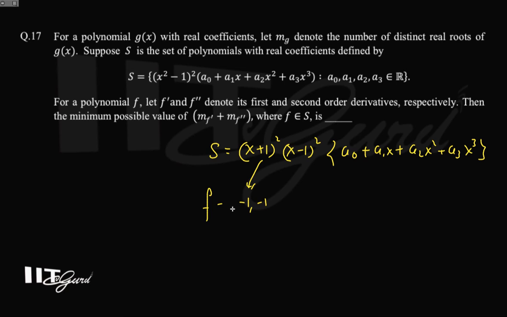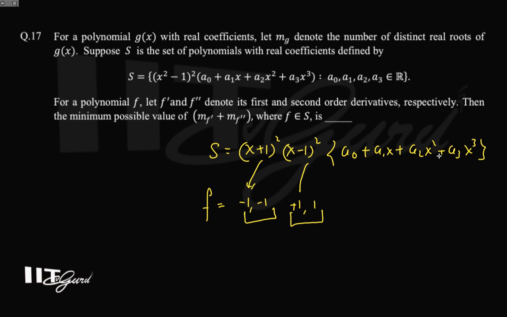For a polynomial f function, the roots are here minus 1, here plus 1 and plus 1. So this will be counted as one root, this will be counted as another root. So what we say here means two another set of roots, and here it will be some 3-degree polynomial.